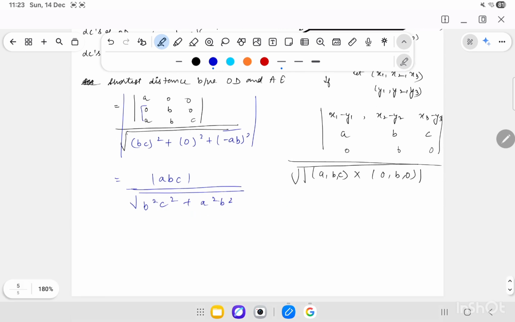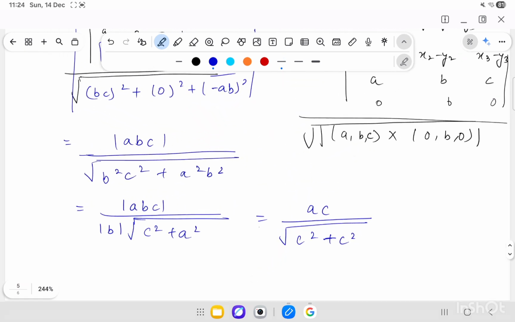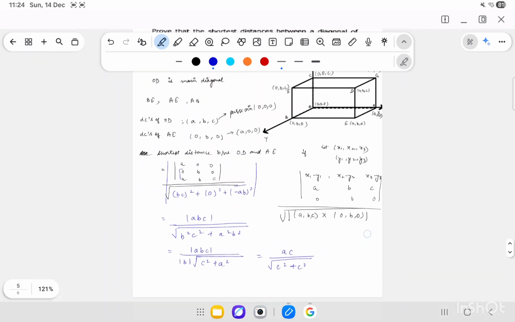Now from the square root I can pull out b squared, so it will be the absolute value of abc divided by the absolute value of b times the square root of c squared plus a squared, and it simplifies to ac divided by the square root of c squared plus a squared. I have removed the absolute value sign because a, b, c are the lengths of the parallelepiped, so these will anyway be positive, and we can easily remove the absolute value sign.